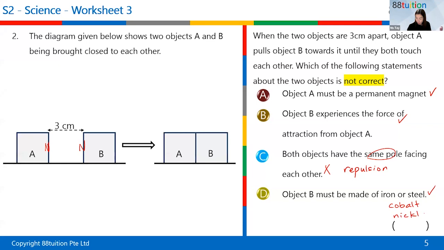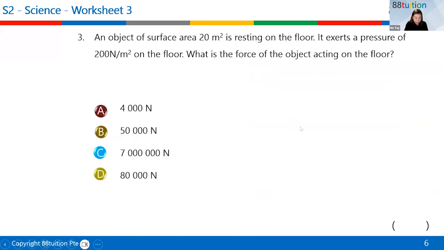Do you know that our Singapore coins are magnetic? You all know, good. The old coins are not. The new ones are, yeah, Harvard, that's right. Because of the components in it. Yes. Right, so let's go on to the next one.